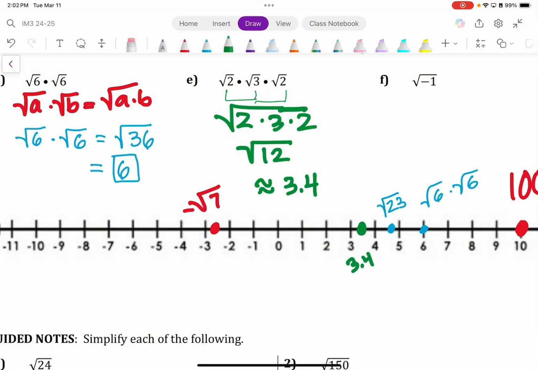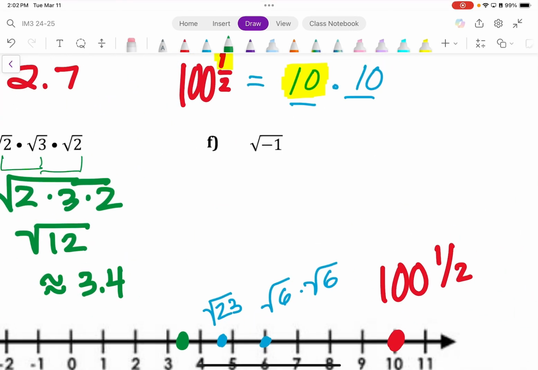Okay, and then here's the last question. And this one could be a challenging question, depending on how you see it. Can we find the square root of negative 1? What do we think? Well, if I multiply positive 1 times positive 1, what would I get? Positive 1.